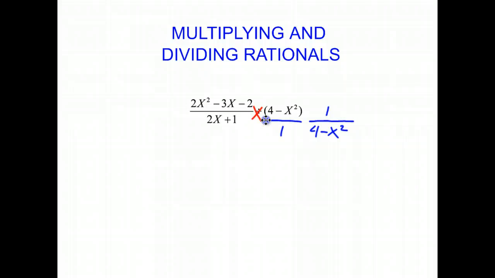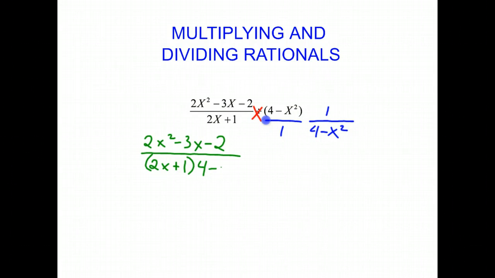So it's going to be 2x squared minus 3x minus 2 times 1, which is just itself, all over 2x plus 1 times 4 minus x squared. Our next step would be to factor the numerator.